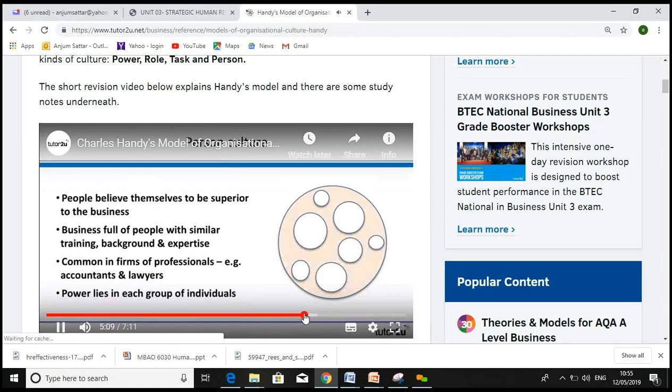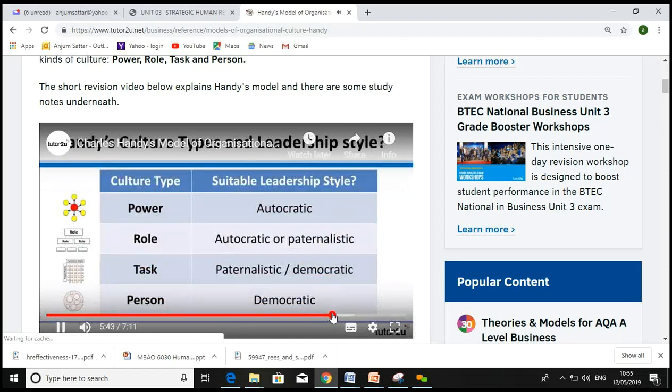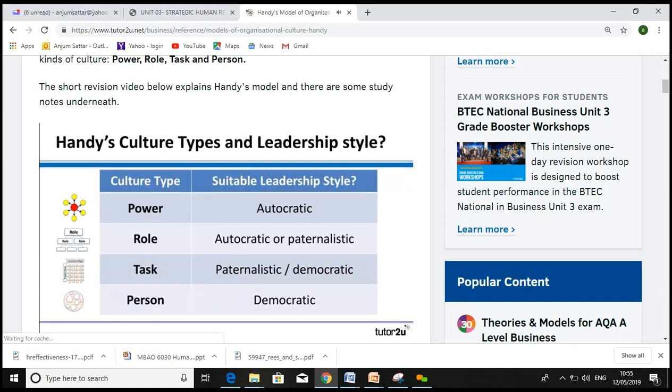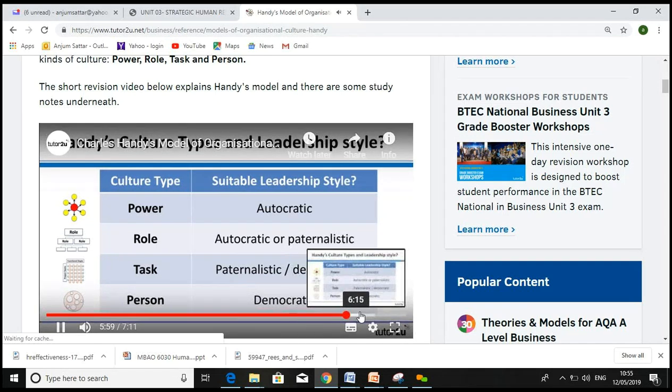Then there is personal culture, where people believe themselves to be superior to the business. Power culture is autocratic, role culture is autocratic or can be paternalistic, task culture can be more democratic, and personal culture can be somewhat democratic as well. Any question? No, that's okay.